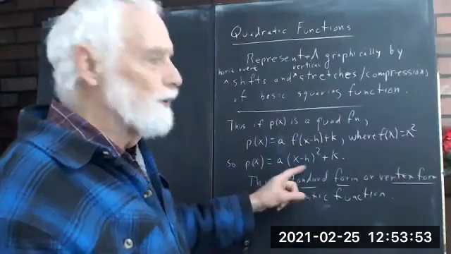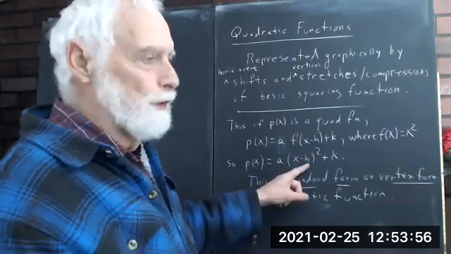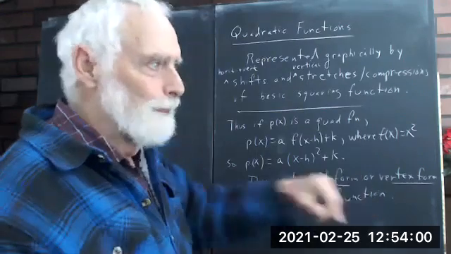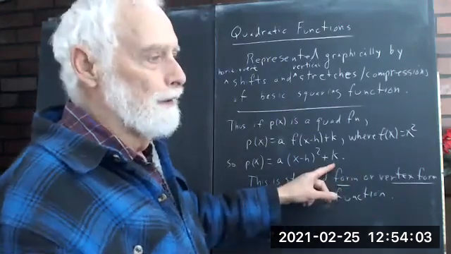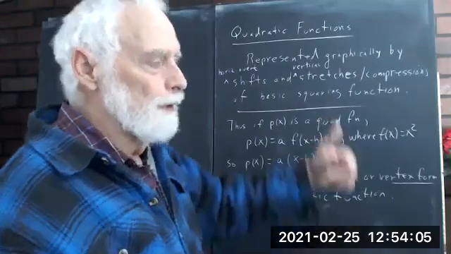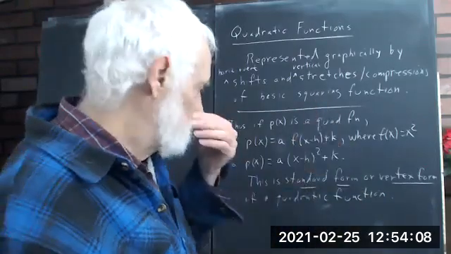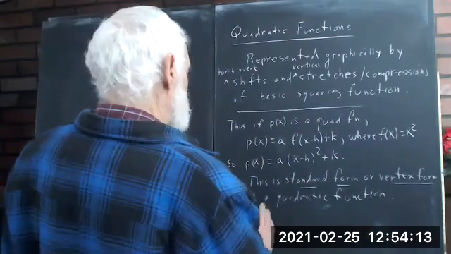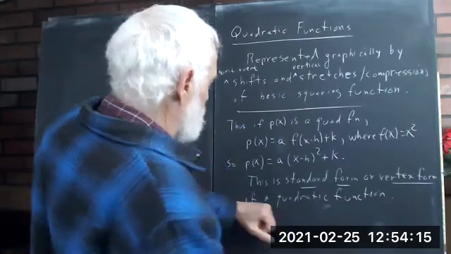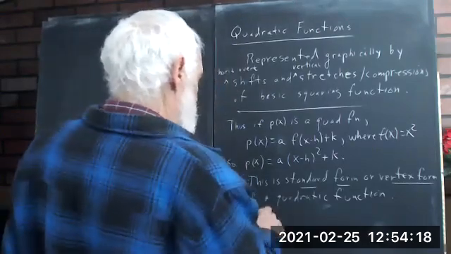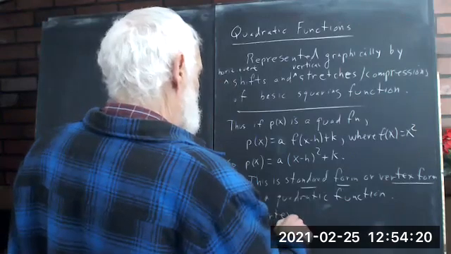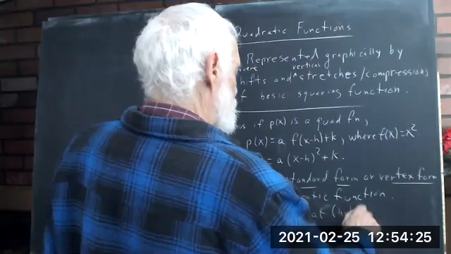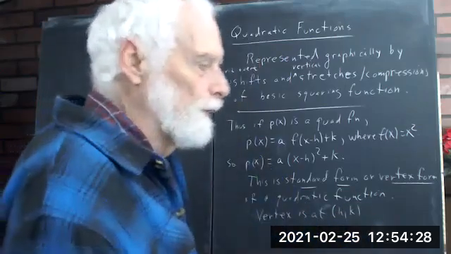If you horizontally shift every point h units in the x direction, the vertex is going to move over to where x equals h. And then if you vertically shift it k units, the vertex is going to move up to hk. Vertex. And vertex starts with a V, not a W. Vertex is at hk.